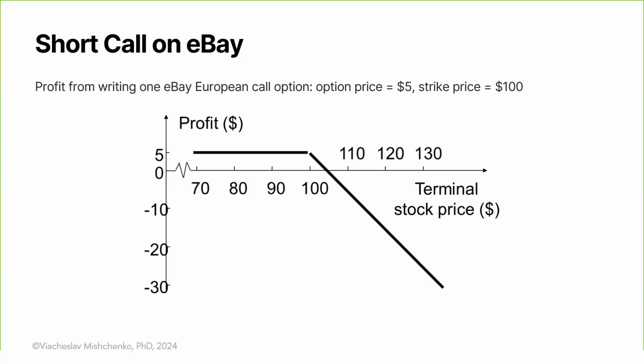The maximum profit here is the premium received, which is achieved when the option expires out of the money. This risk profile makes short calls popular for income generation strategies, like, for example, covered calls.